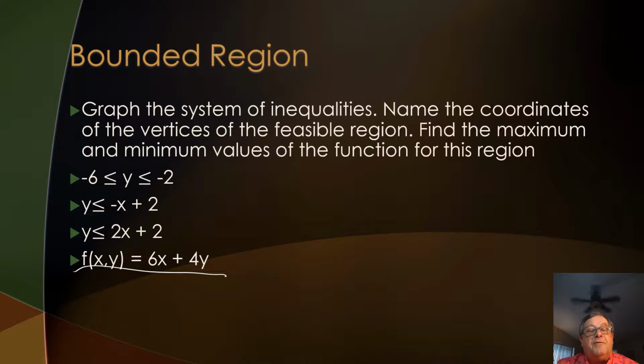Now, I graphed these in GeoGebra as equalities, not inequalities, so it wouldn't get quite so messy and hard to determine where the feasible region is. So let's take a look at that, find the vertices, and plug those into this function of x and y to determine maximum and minimum values.